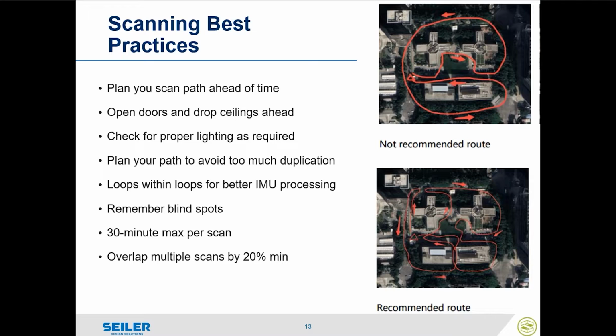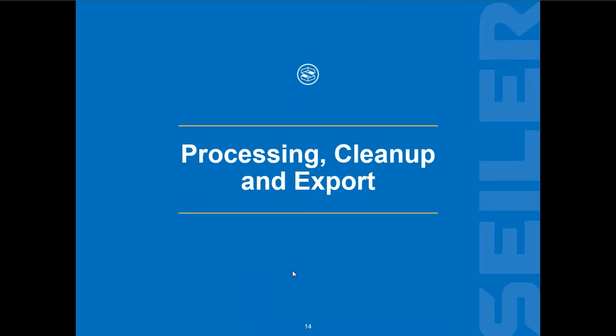If I was going into, let's say, this top building here, I would start outside and collect some additional outside data as an overlap, and then walk in my building to start my internal scan. That lets me register these two scans together as multiple scans. So in the software, we would process each scan independently, and then we can use the merge tool to merge them together into one unified scan. But to help us do that, we need that 20% overlap.